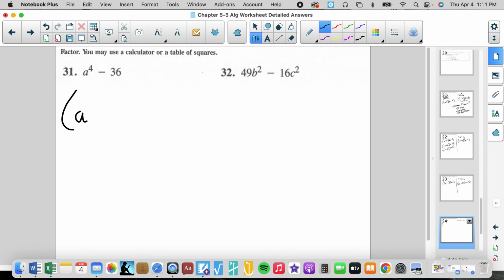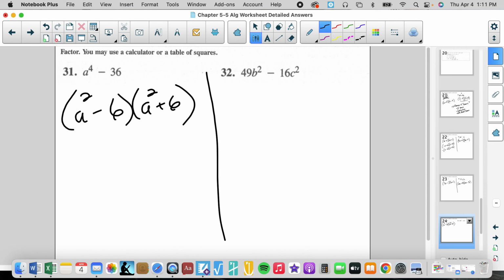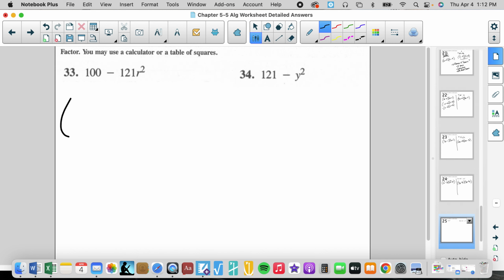I like this. A squared minus 6, a squared plus 6. That's a good one. That's going to be 7b minus 4c, 7b plus 4c. I like that. That's a good, tricky one. Both perfect squares, yes. 10 minus 11r, 10 plus 11r.